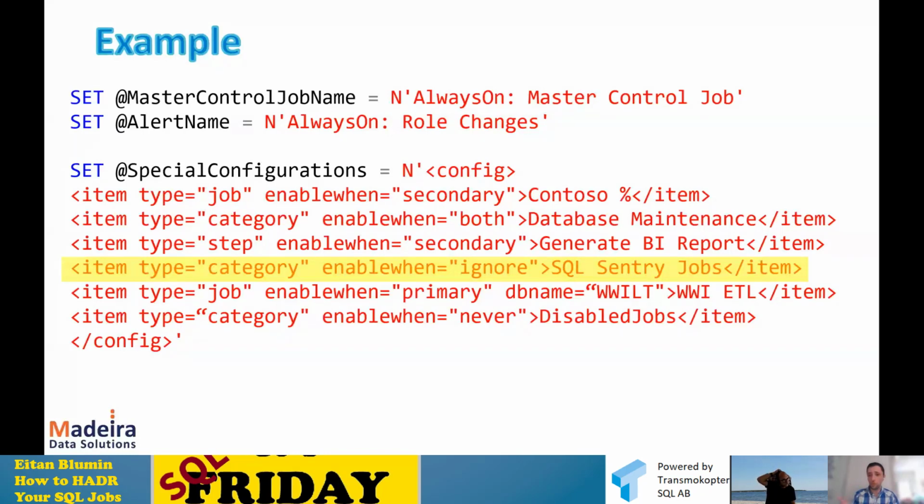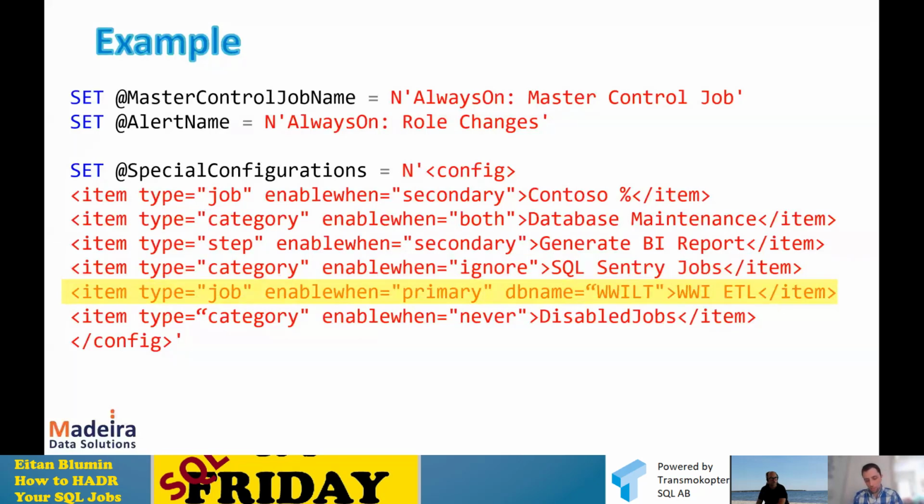For example, when you configure a monitored target for SQL Sentry, it creates 2 jobs for you. One is enabled and one is disabled, and that's how it should be. So I actually wouldn't want to touch that because that's the intended behavior. So this is one way of taking care of that, to tell the master control job to basically ignore these jobs.